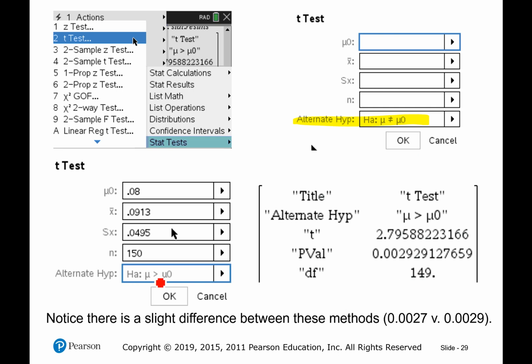And what does the alternative say? Is it greater than? Is it less than? Is it not equal to? Okay, remember up here, the default is just saying not equal to. You will need to change that based on what the alternative hypothesis says.